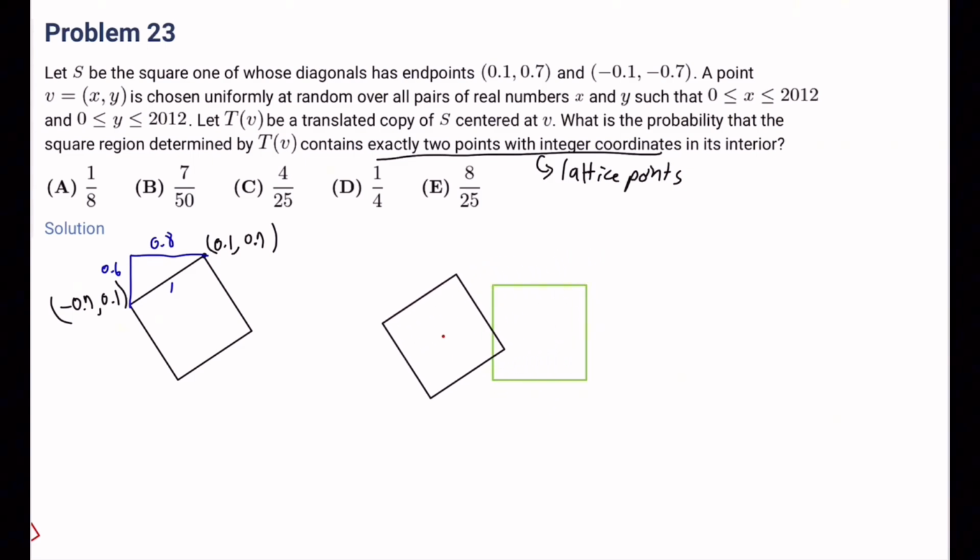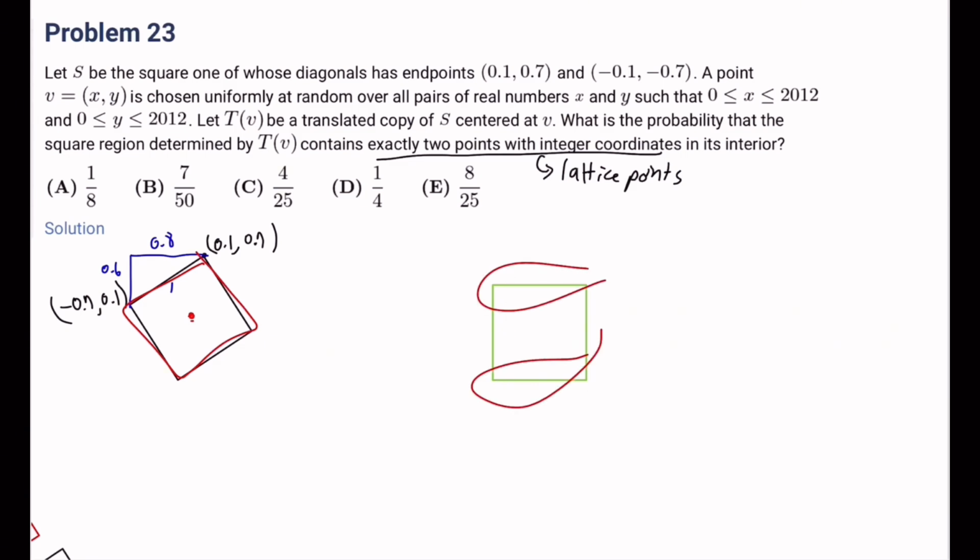If we say that this red point is the center, then that will be V, and we want V to be in such a position that this thing covers 2 lattice points, either these 2, or those 2, or these 2.